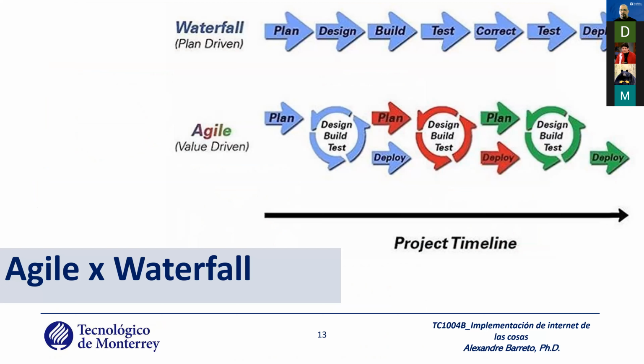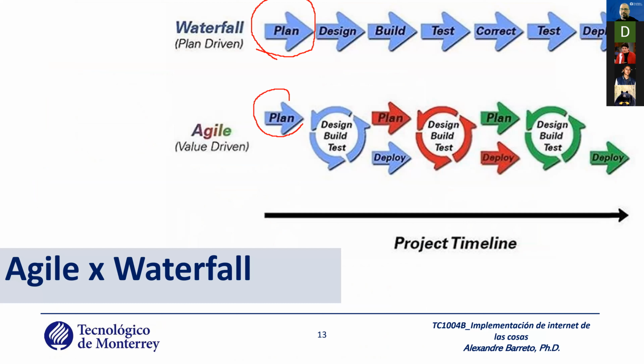When you compare waterfall and Agile, before I continue, any question, guys? No, teacher. When you compare waterfall and Agile, I don't know if you perceive it, but the plan phase is biggest in the waterfall.